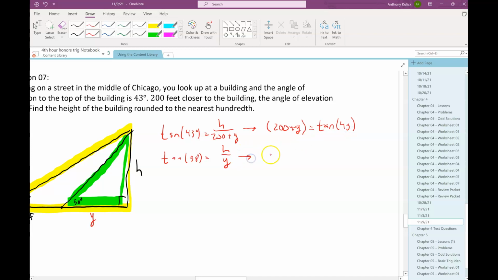Second equation, I'll multiply both sides by just y. Now that I have them both equal to h, I can set them equal to each other. At the same time, I'm going to go ahead and do that distributing.